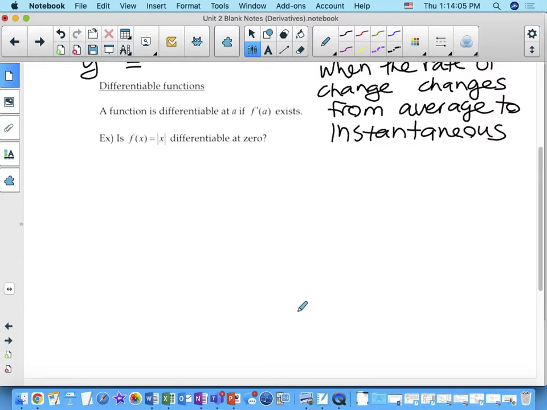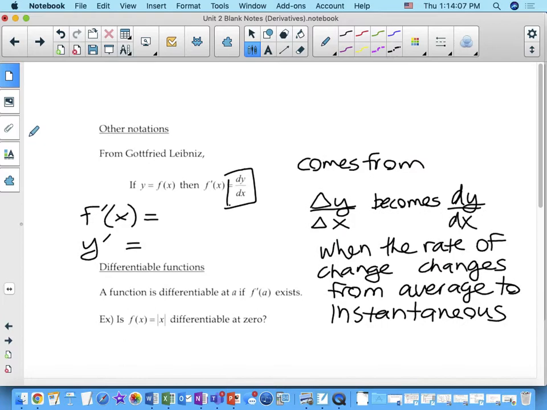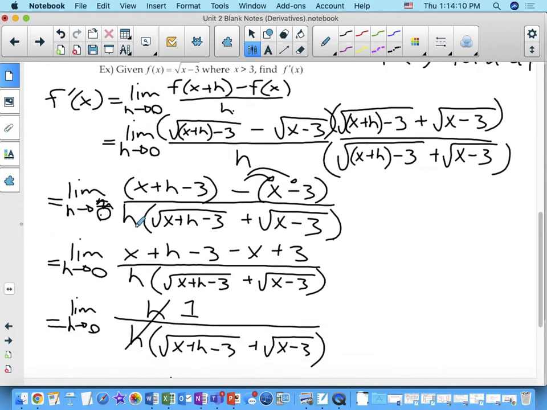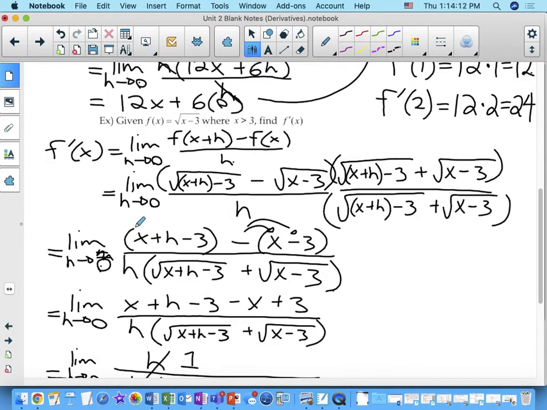Okay? So actually, I'm going to come back to this example right now. This guy over here. So our original function was this. F of x equals the square root of x minus 3. Okay? So let's think about this function and what it looks like and what the domain of that function is.